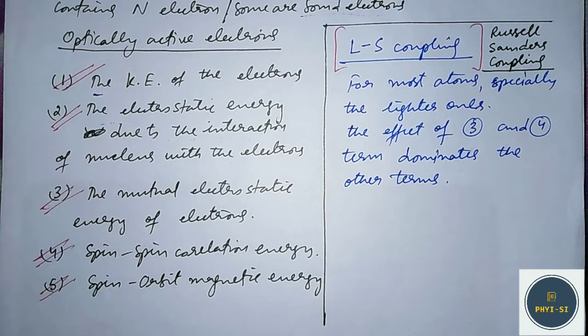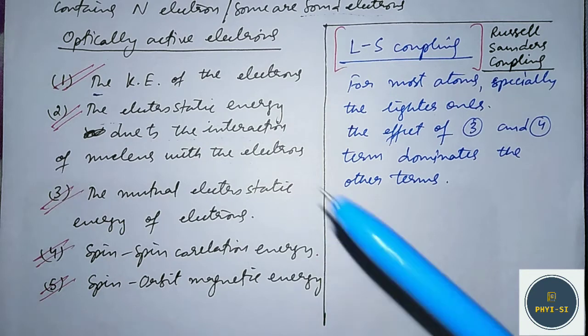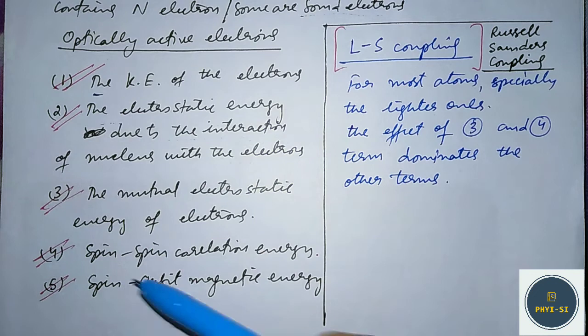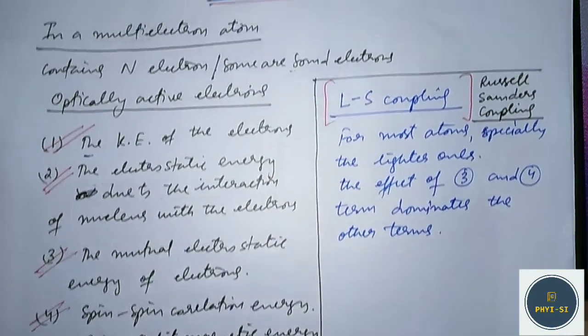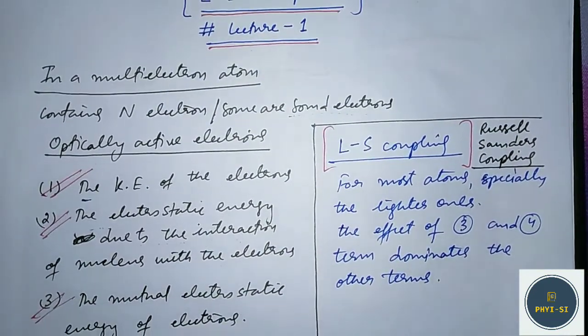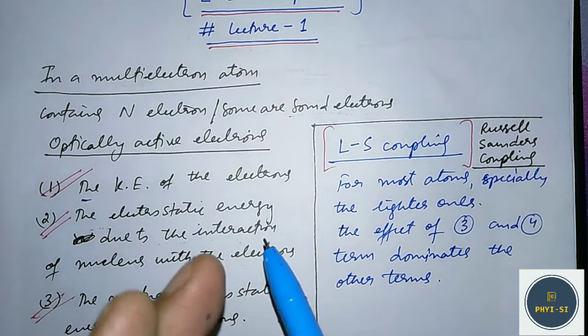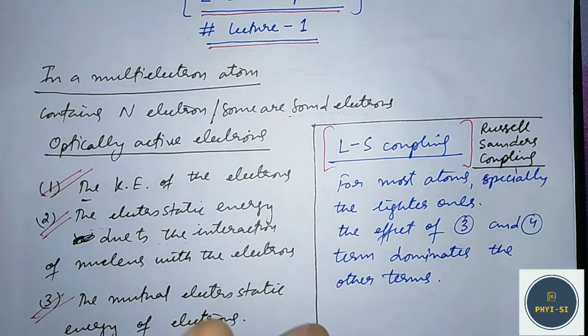So the LS and JJ coupling is nothing but finding which of these five terms dominates in a particular atom. Now let's see the LS coupling. LS coupling is applicable for most of the atoms, especially the lighter ones.